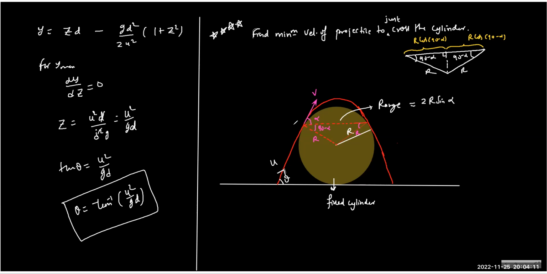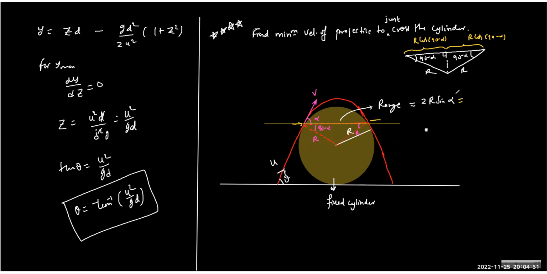So for this projectile motion, beyond this point, what should be the formula for the range? Imagine the projectile above that line. What should be the formula for range? Only for this part, above this line. V square sin 2 alpha by g.